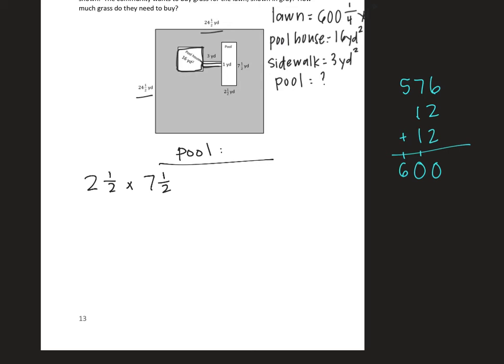Okay. So once again, go ahead and start by breaking this up into expanded form, each of these. All right, so I'm going to write 2.5 as 2 plus 1/2 times, and then I'm going to break up 7.5, 7 plus 1/2. All right, starting with the 2, I'm going to multiply 2 times 7.